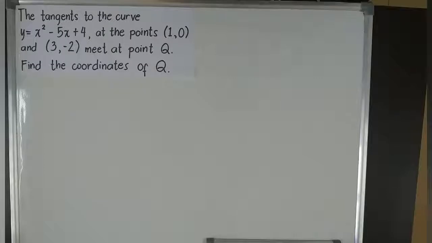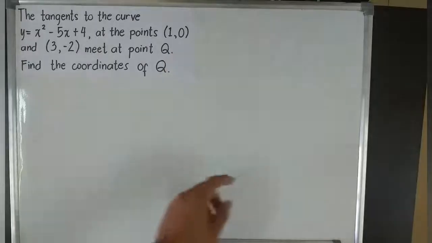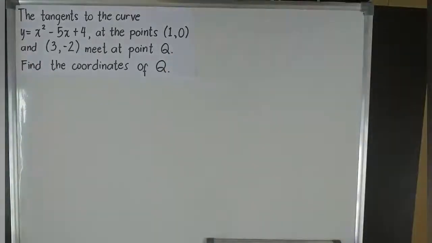The first thing that you need to do is find the gradient of the tangent by getting the derivative of the curve. After getting the derivative, you can find the gradient of the tangents at point (1, 0) and at point (3, -2).